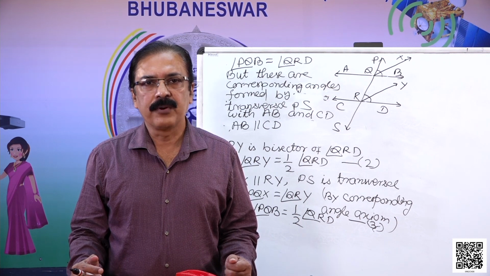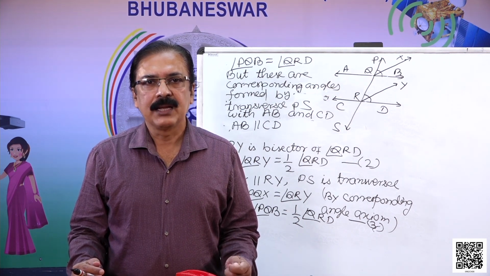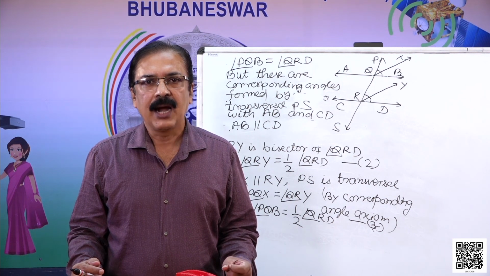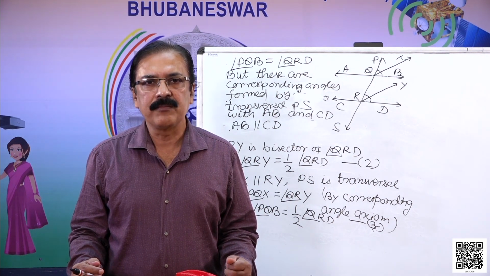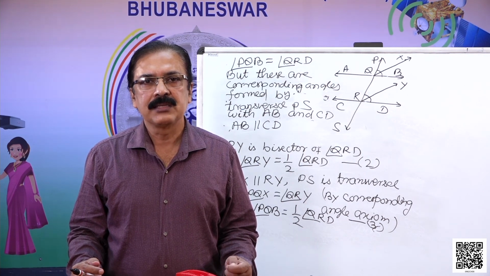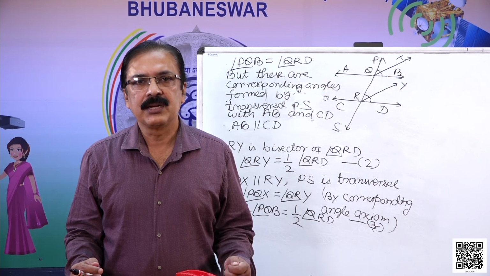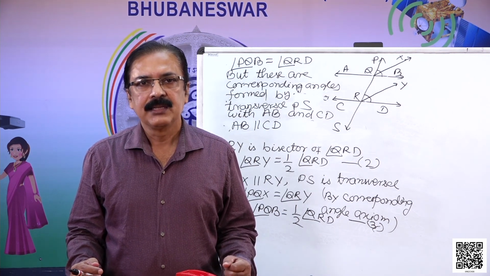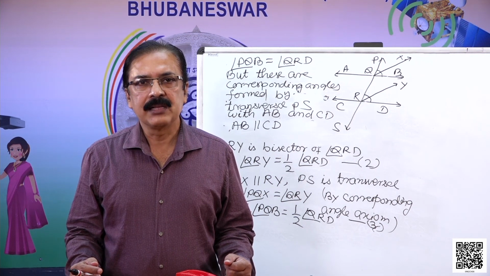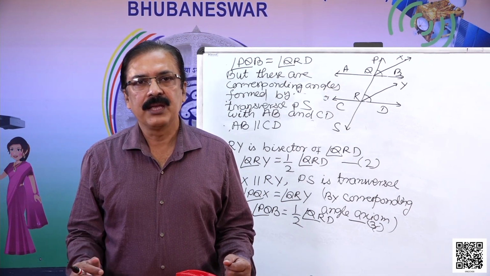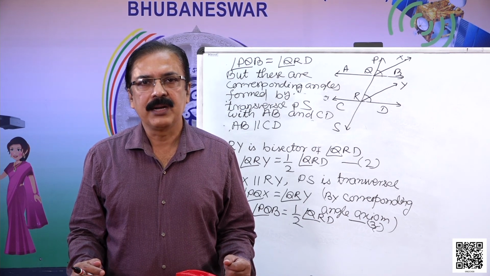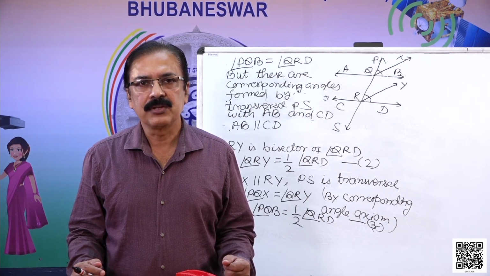And also we proved that when a transversal intersects two lines and the alternate interior angles so formed are equal, then the lines are parallel, and if the lines are parallel, then the alternate interior angles are also equal. Also we proved that if two lines are parallel and a transversal intersects these parallel lines, then the interior angles on the same side of the transversal are supplementary to each other, and the converse is also true.